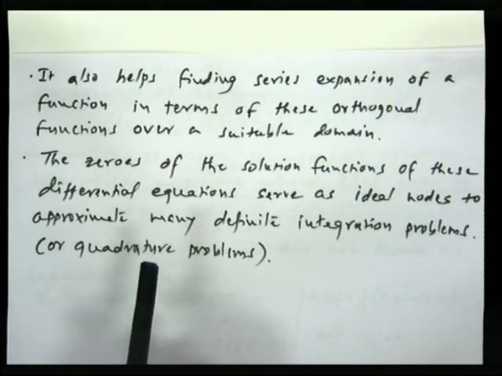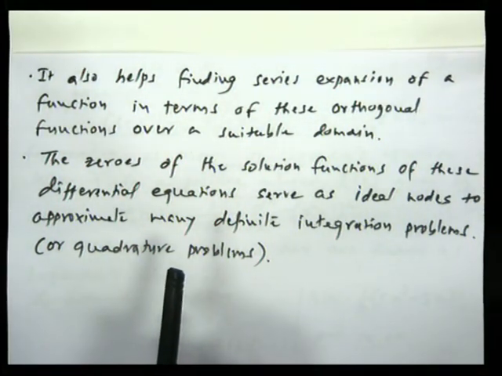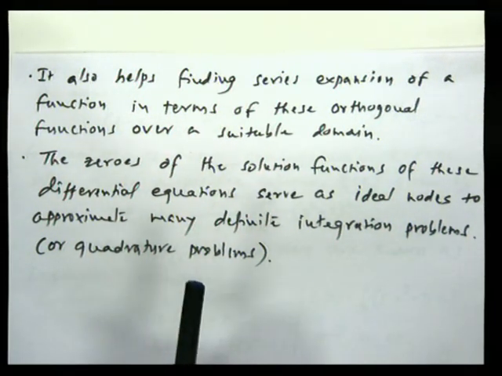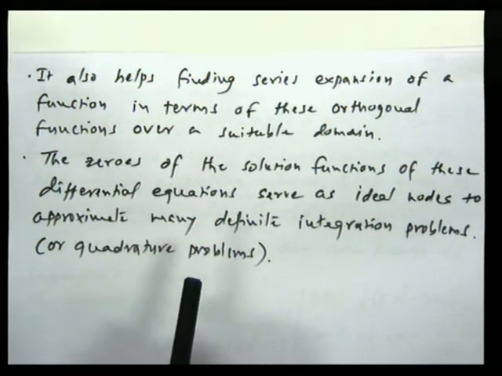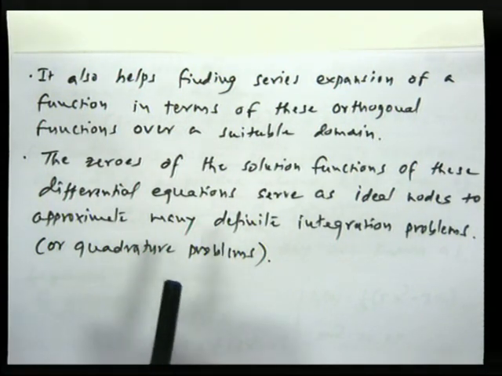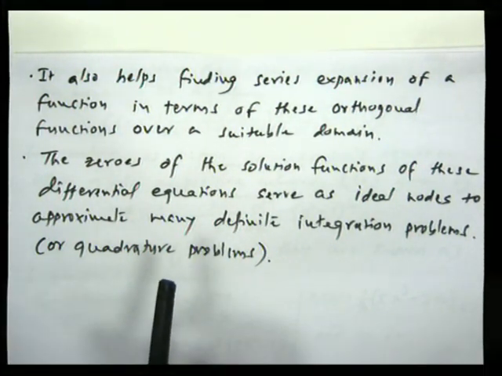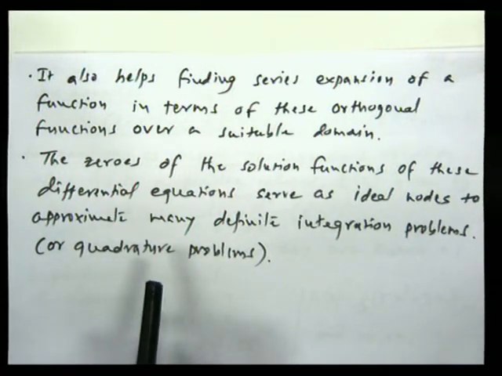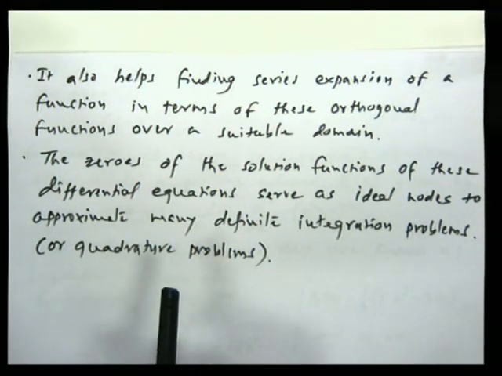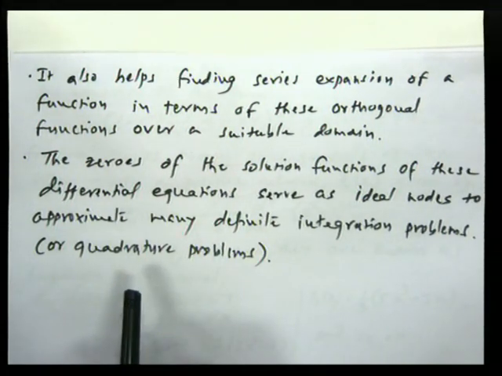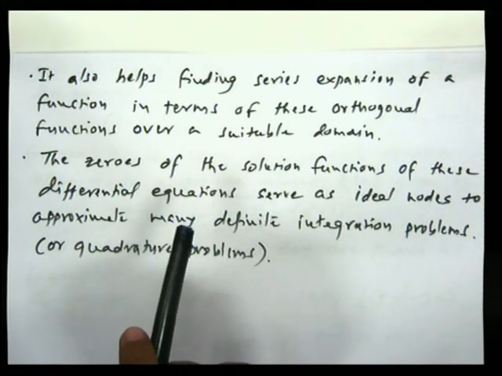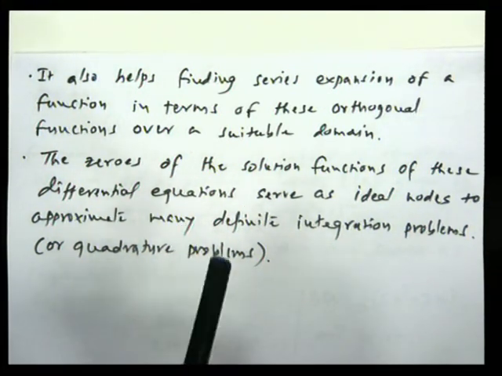So if you are given an integration and you want to find an approximation to those integral problems, there are many known procedures, right? We may call them Newton-Cotes formulas, but there are other formulas, also known as Gauss quadrature formulas, and those Gauss quadrature formulas use zeros of these functions as nodes to give the approximate values.